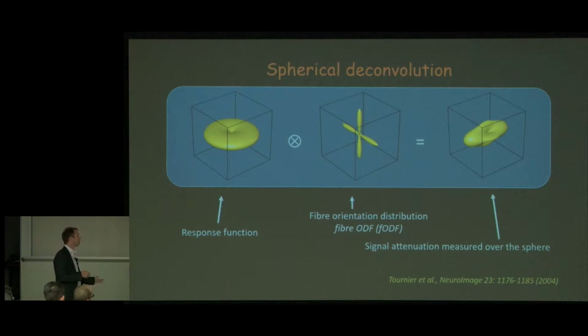And that can be cast as a spherical convolution operation. So if we measure that and we have a good estimate of what this looks like, and we assume that it is the same across all fiber populations, which is one of the big assumptions in spherical deconvolution, then we can recover the fiber orientation distribution function, or fiber orientation density function, fiber orientation distribution. There's lots of words for it, but I call it fiber orientation distribution.